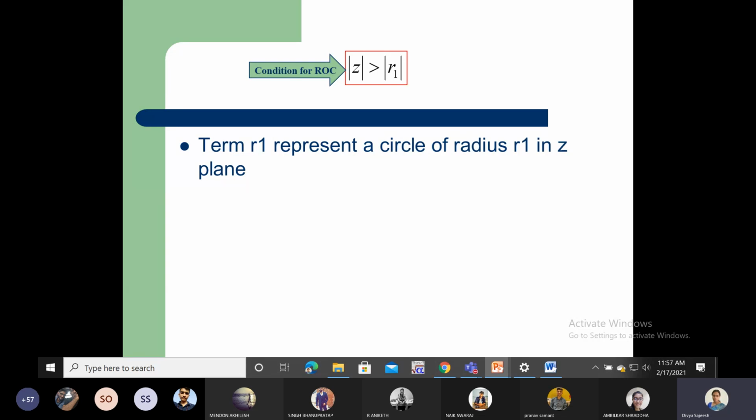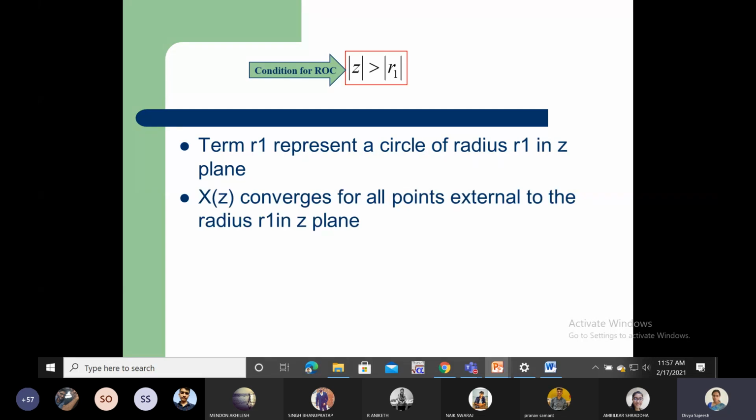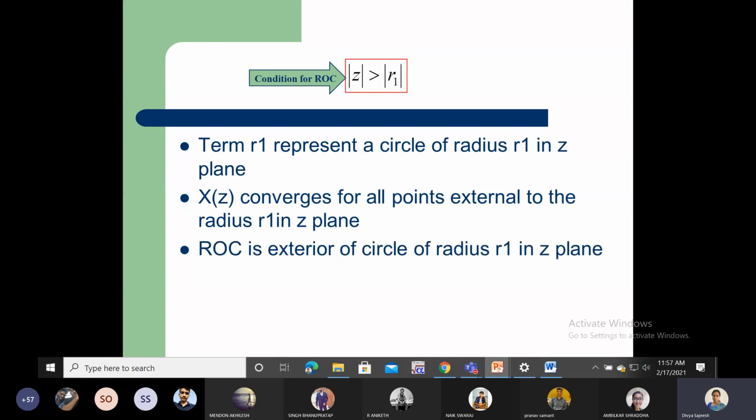Okay. So, for any values coming outside this circle, for all those values the z transform of the right-sided causal infinite signal will exist. Or I can say X of z converges for all points external to the radius r1 in the z plane.